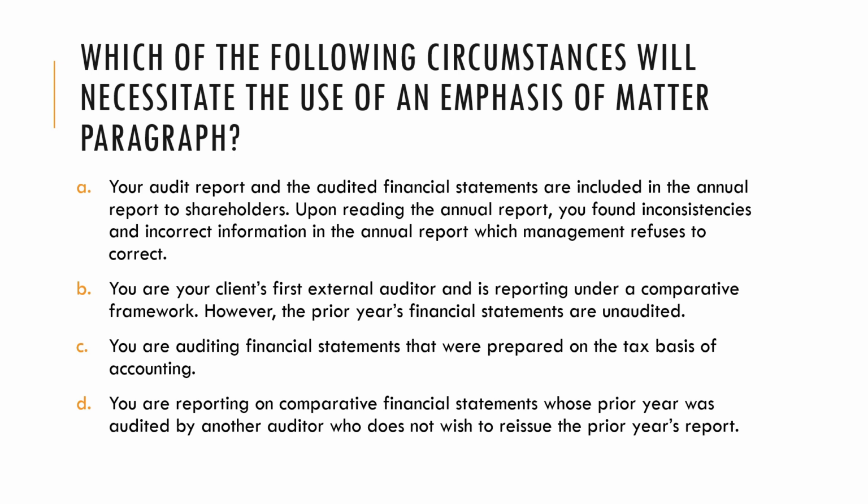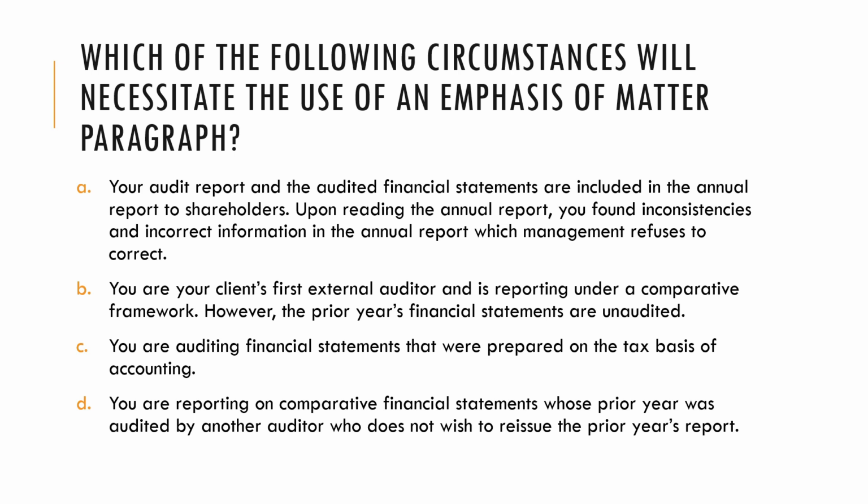Because it is found in the annual report, and if management refuses to correct, the auditor has the option of, number one, withholding the report until management corrects it, or number two, adding an other matter paragraph. So in the case of letter A, this will not be an emphasis of matter paragraph. Rather, this would most likely be an other matter paragraph.